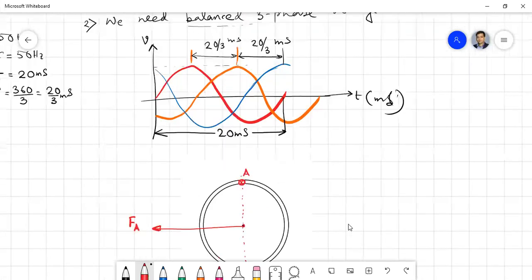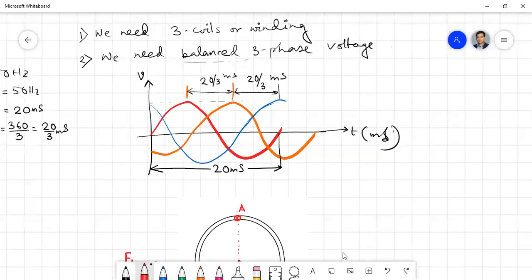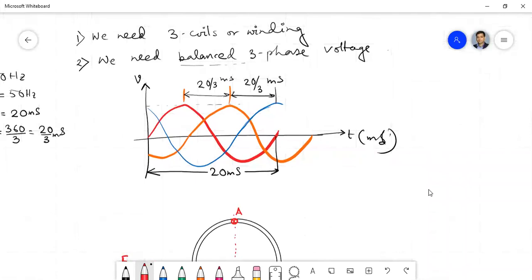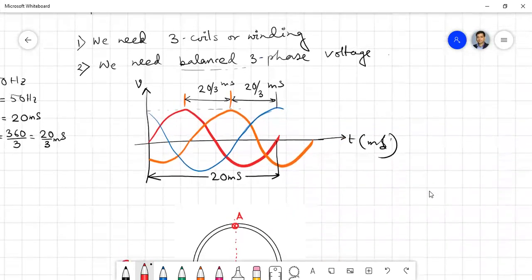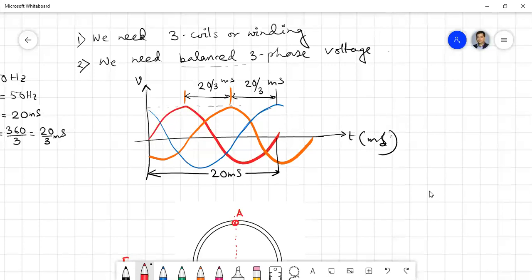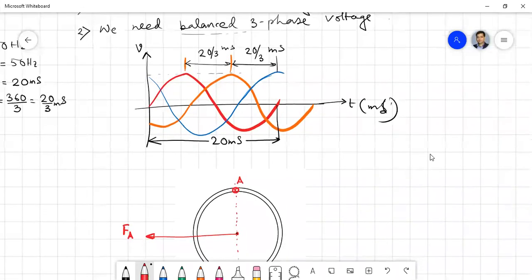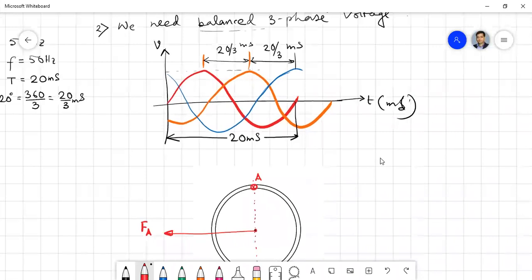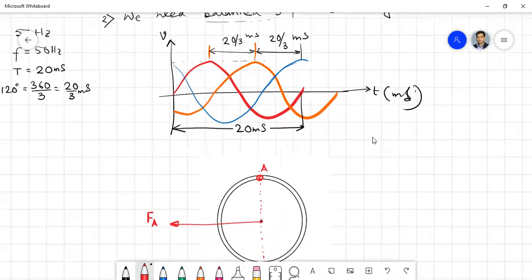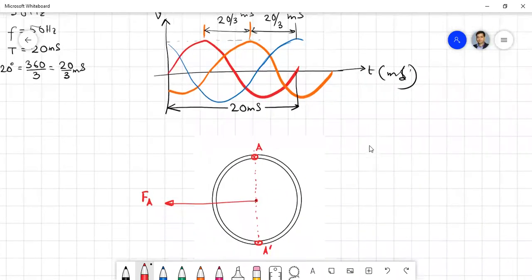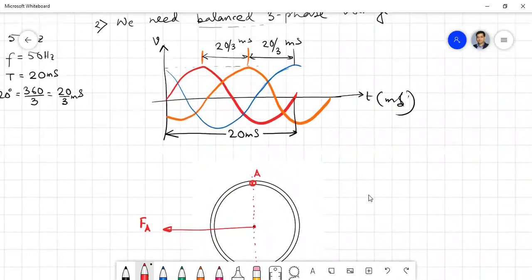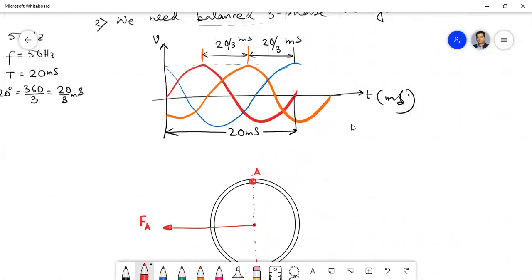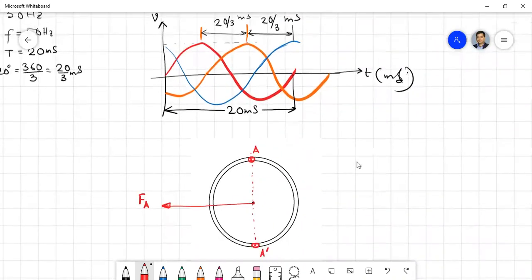So today we'll discuss the three-phase induction motor. The three-phase induction motor will need three coils or windings and three-phase balanced voltage. Now, what do you mean by three-phase voltage? That I discussed in brief because you have already studied it in another part of this subject. I have shown the three-phase balanced voltage in this diagram.